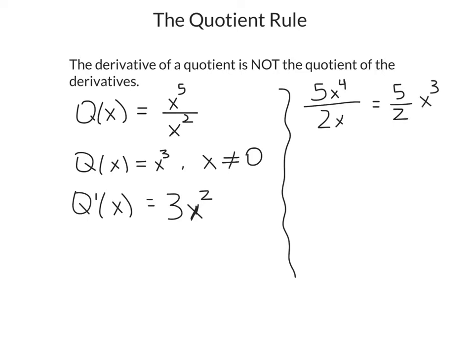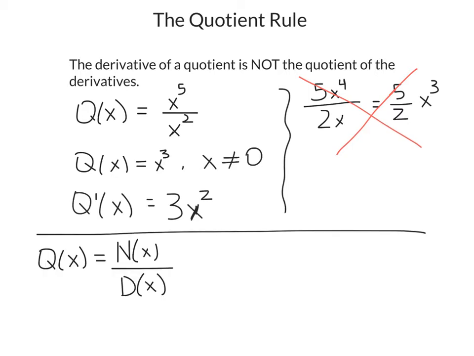Now notice how 5 halves x cubed is not the correct answer for the derivative. The correct answer for the derivative is 3x squared. So this gives you an example of how we can't simply take the derivative of the numerator and divide that by the derivative of the denominator to get the derivative of a quotient. So in order to find the derivative of a quotient, we need to use the quotient rule.